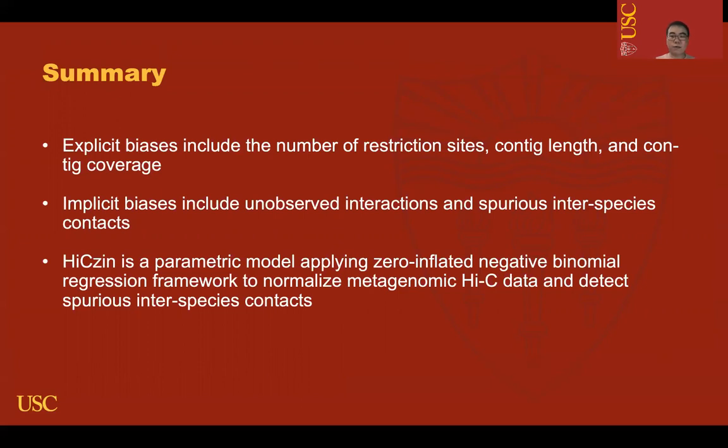To solve the problem of the biases, we put forward a new normalization method, HiCzin, which is based on the zero-inflated negative binomial regression framework. And we also validate that the HiCzin normalization method has a better performance than other methods on normalizing the metagenomic Hi-C data and detecting the spurious inter-species contacts.